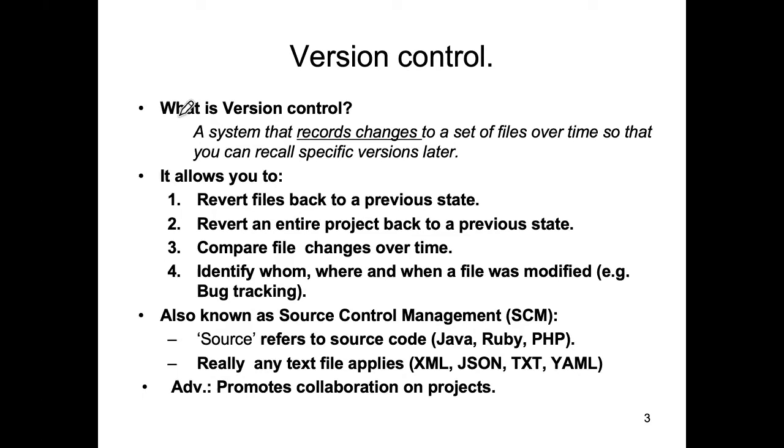It can also tell us who changed the file, when they changed it, and why they changed it, although the why part is really dependent on whether we have documented clearly why we changed a file. But from the version control tool's point of view, it will certainly take care of telling us when a file was changed and who changed it.